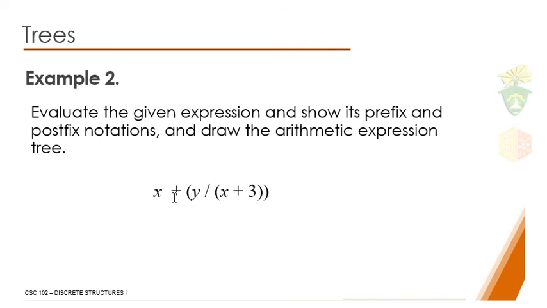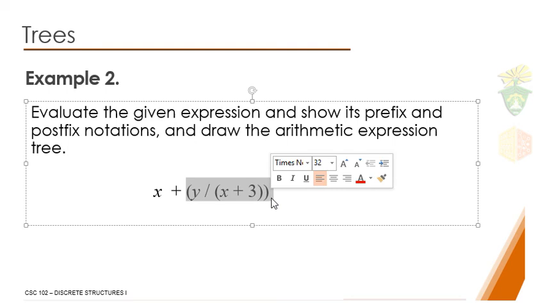Okay? So, let's evaluate. So, unsa nga operator ang last nga ma-perform or last nga magamit? So, we have, lahi no, kani. Kaya naka-parenthesis man sila. So, this whole expression kani is atong right child ni plus. Left child niya si x.